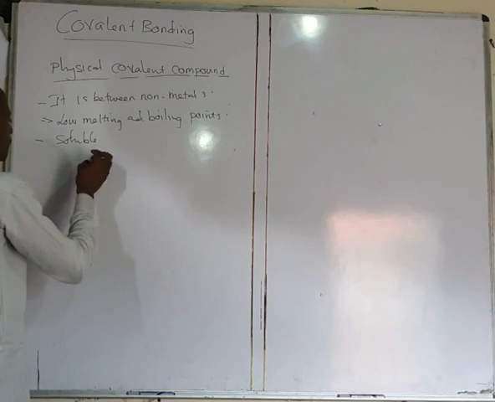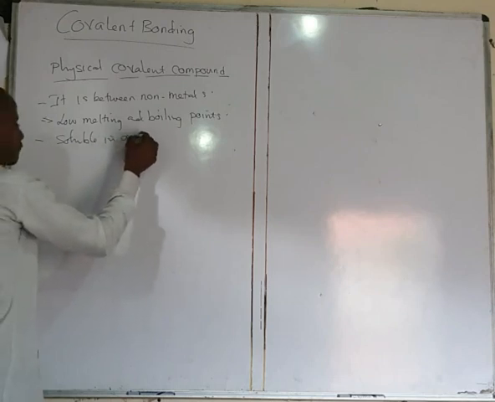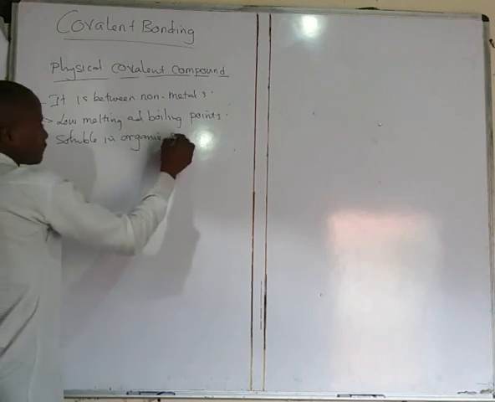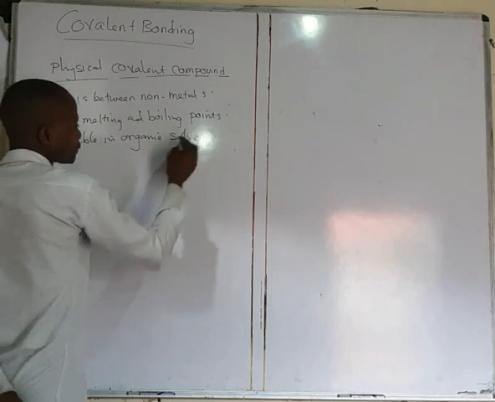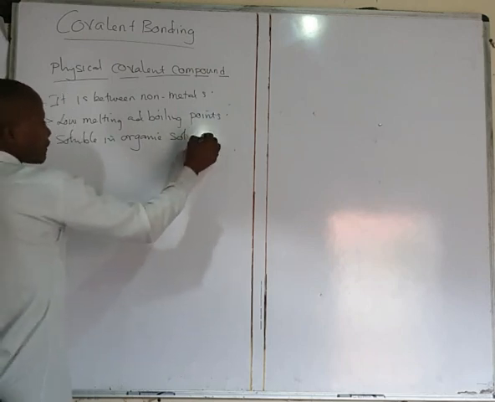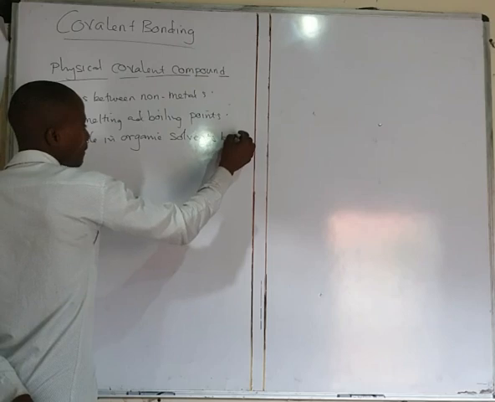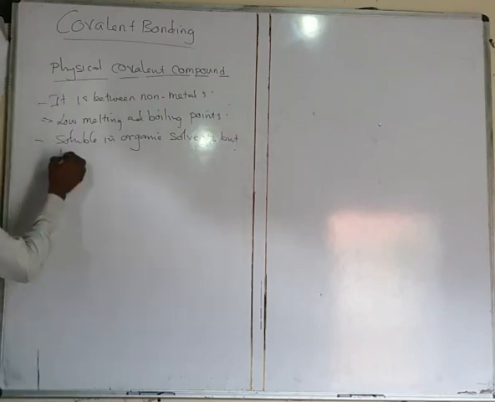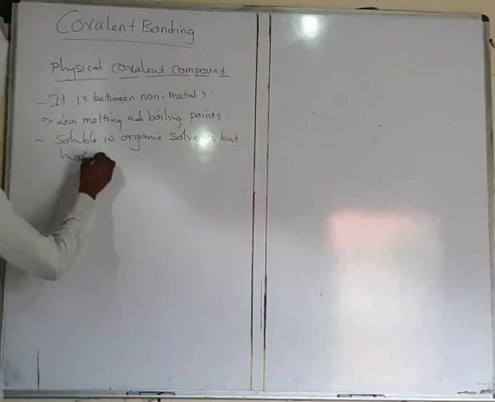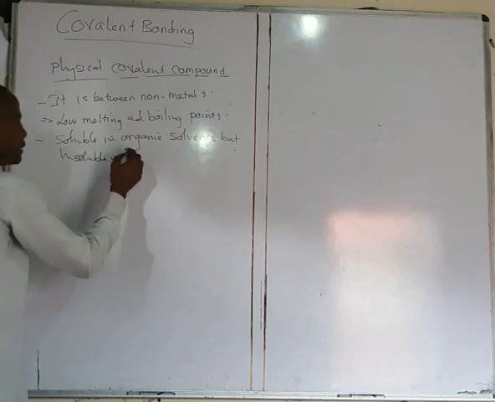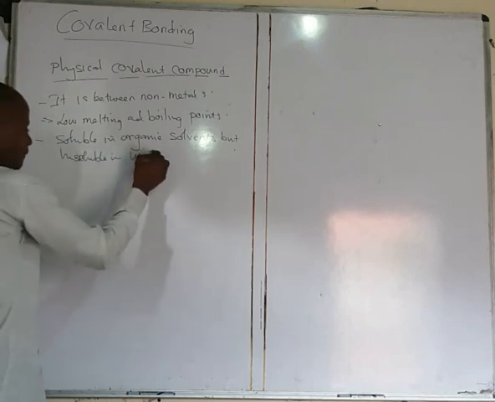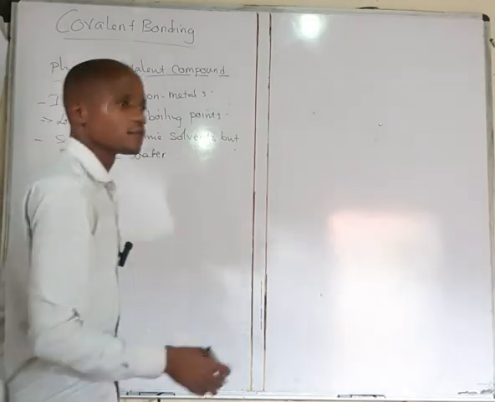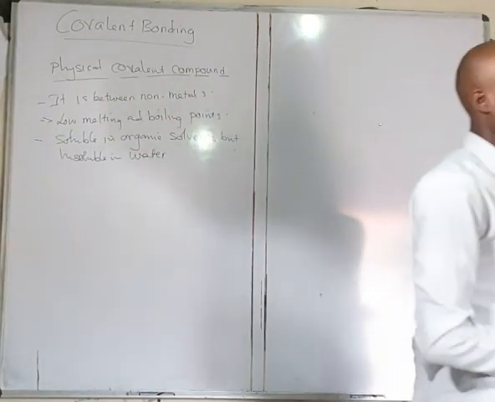What does the word soluble mean? It can dissolve, right? So soluble in organic solvents, but insoluble in water. You can give an example of candle wax.